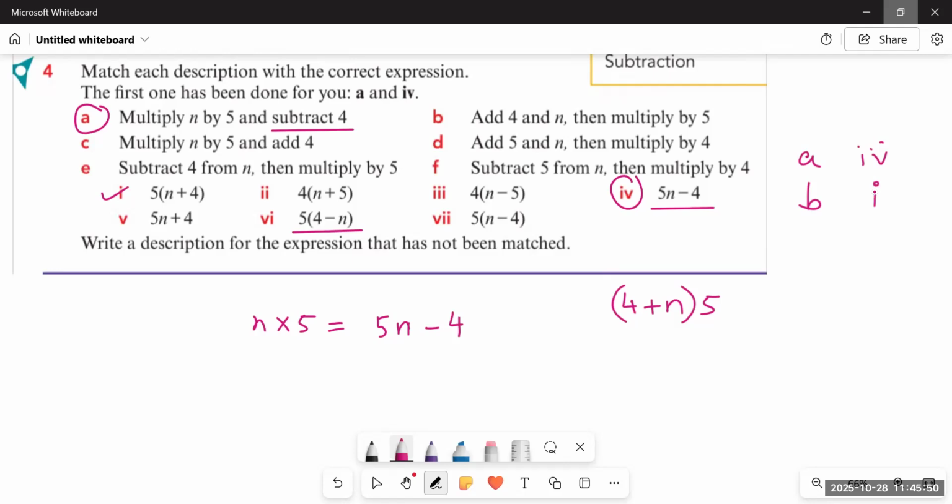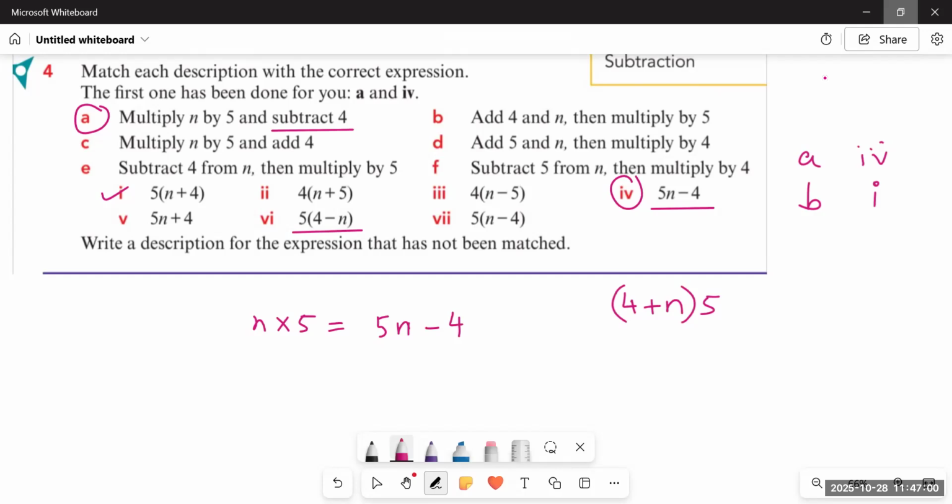Okay, next we have part C, which says multiply n by 5.